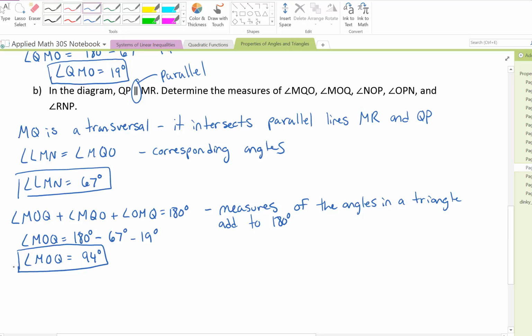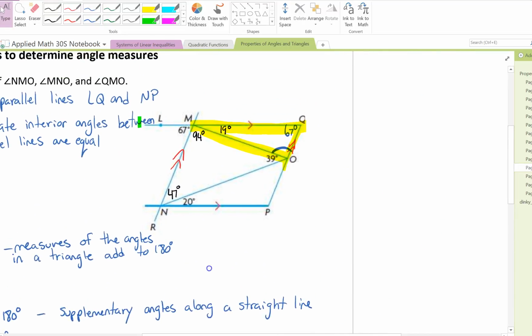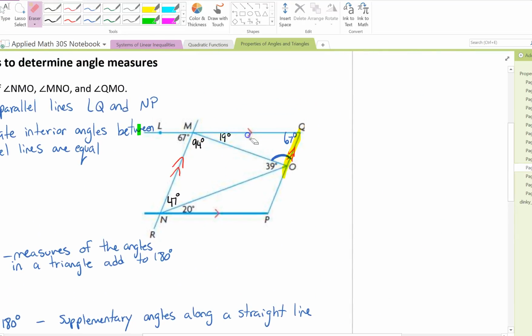Now let's go and have a look at angle NOP. Okay, so angle NOP is sitting right here. And because we just figured out this one to be 94 degrees, we're going to use the principle that all three of these angles are sitting along a straight line.